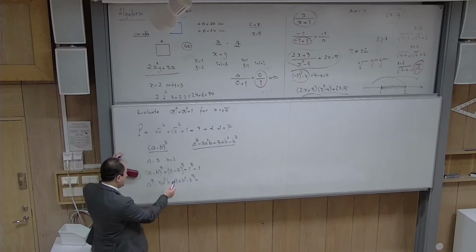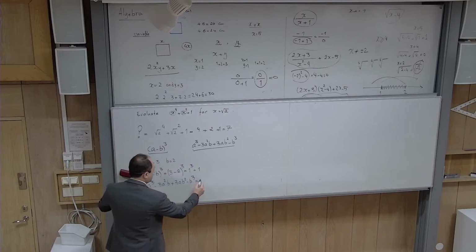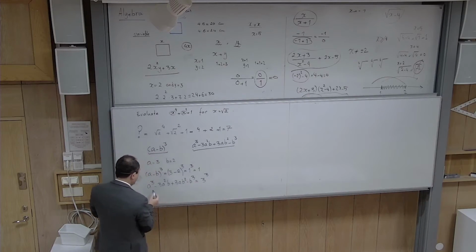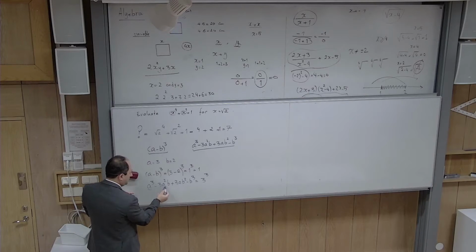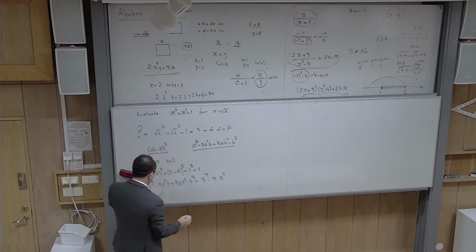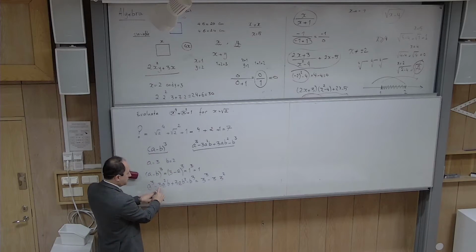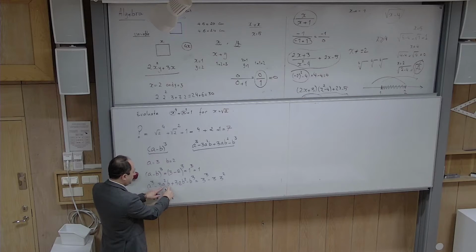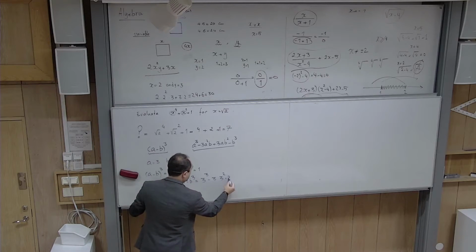So this becomes 3 to the power of 3, because a appears here, here, and there. And then I will have minus 3 times 3 to the power of 2. This 3 is in the algebraic expression. Instead of a, I put 3 again, and then I will have b here. b is 2, so this becomes multiplied by 2.